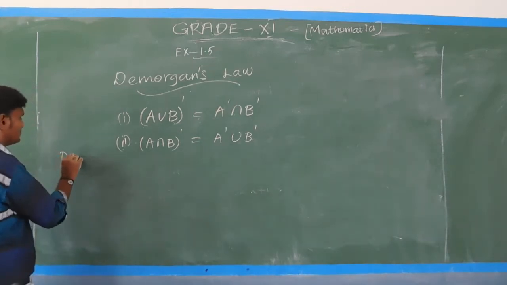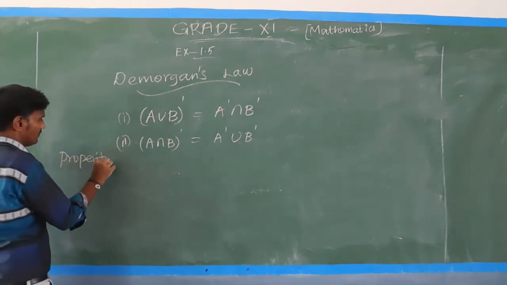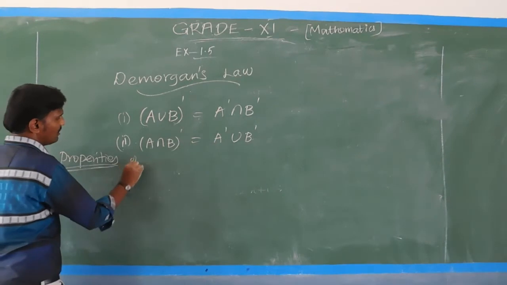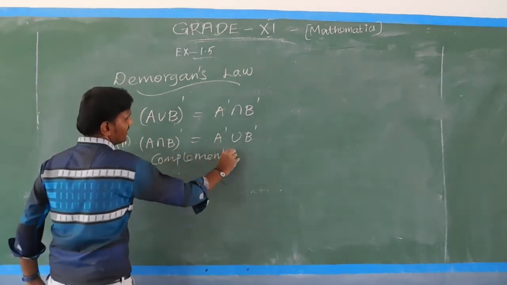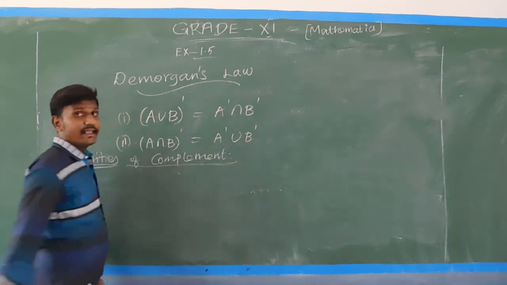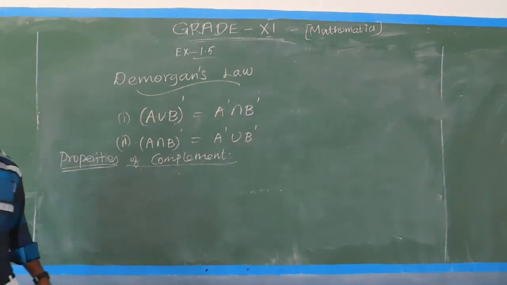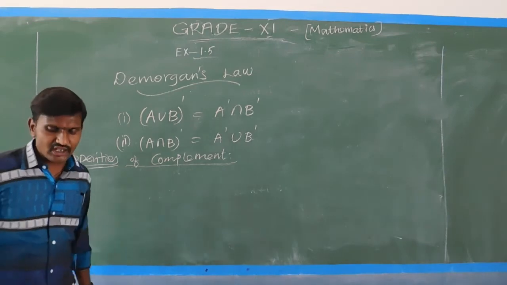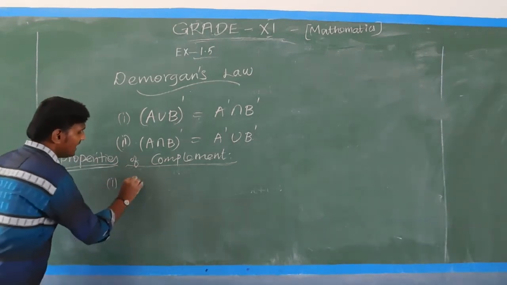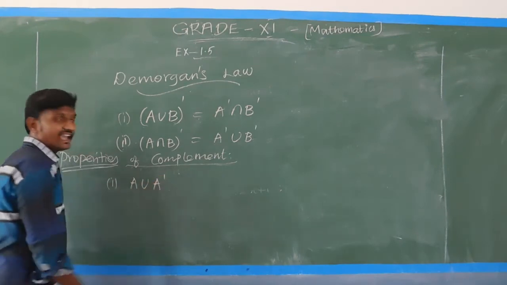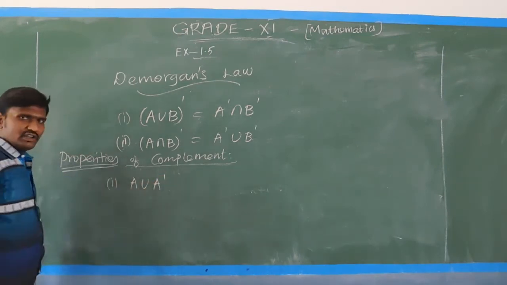Properties of complement. So these are all very important. Why? Because they may be asked as a 1 mark question. So the first property is A union A', but we know it is very simple. Why?